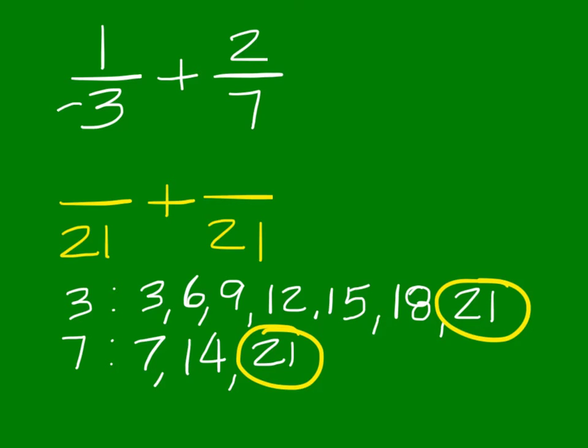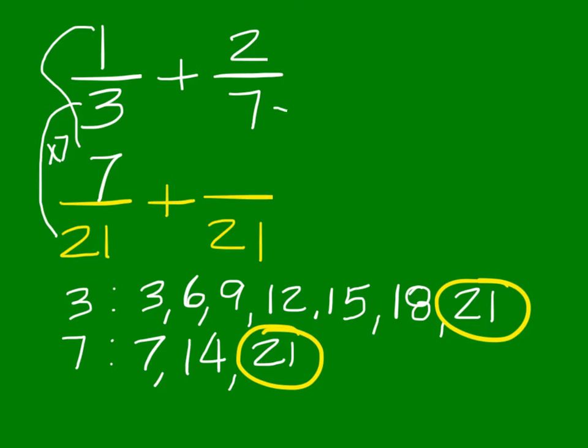What do I have to multiply 3 by to get 21? 7, yeah. So if I'm multiplying by 7 there, I have to do the same thing to the top. So 1 times 7 is what? 7.